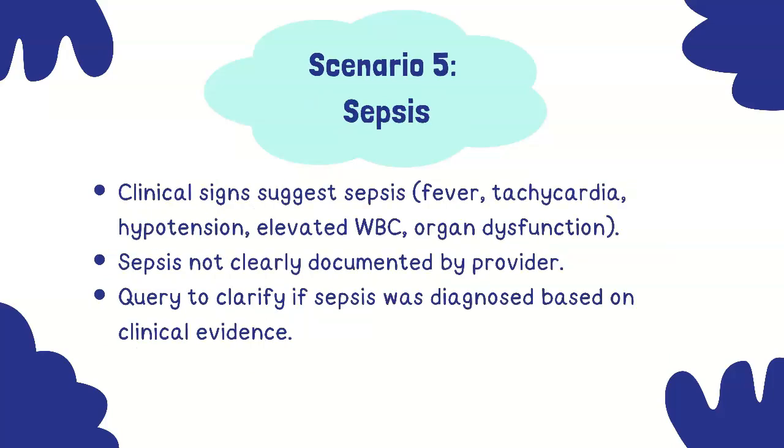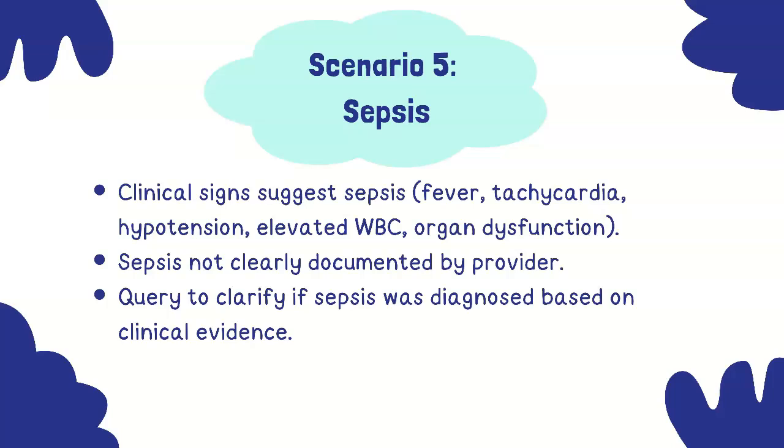All right. And our last scenario, sepsis. Sepsis, I think, is a very controversial condition in our industry because the criteria changes, and so it makes it a little complicated. But nonetheless, clinical signs suggest the presence of sepsis. What clinical signs?